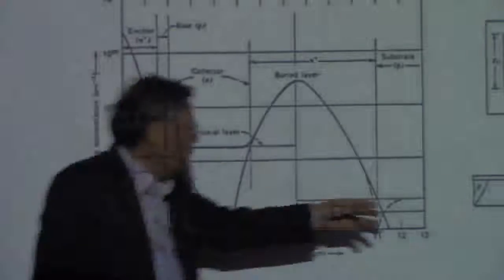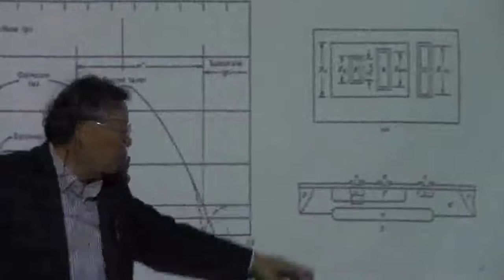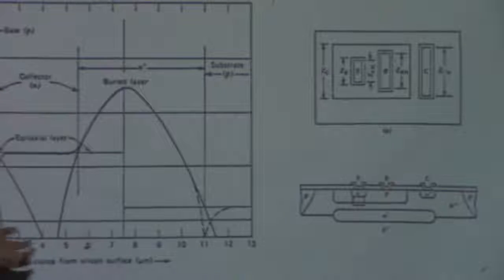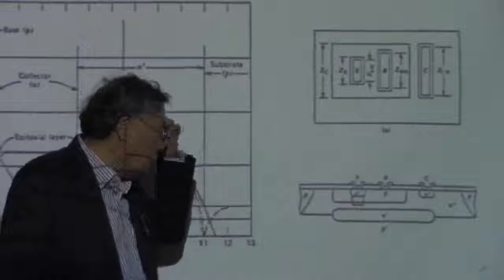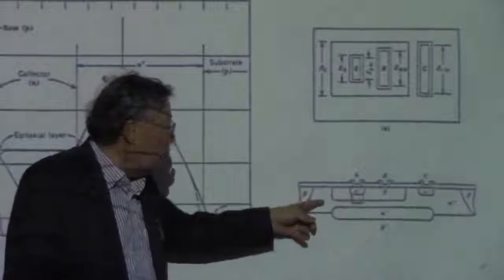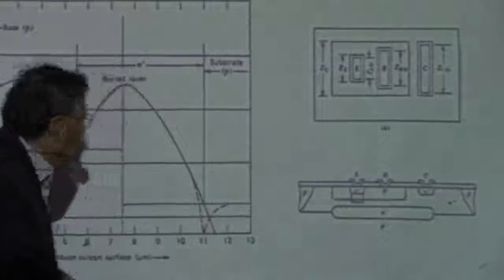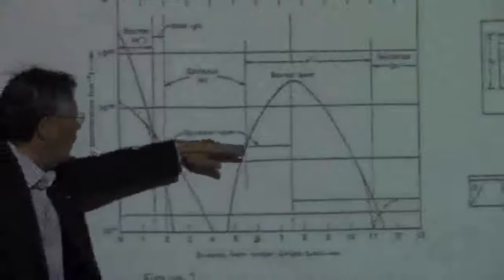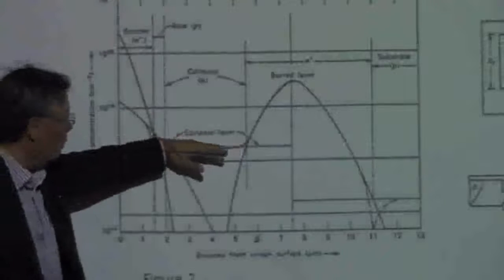So when you grow the epitaxial layer of silicon on top of the substrate, you're not going to make pure silicon. You just put some phosphorus or arsenic or something like that to make this N minus. Okay, and that is the epitaxial layer collector concentration of the dopants.